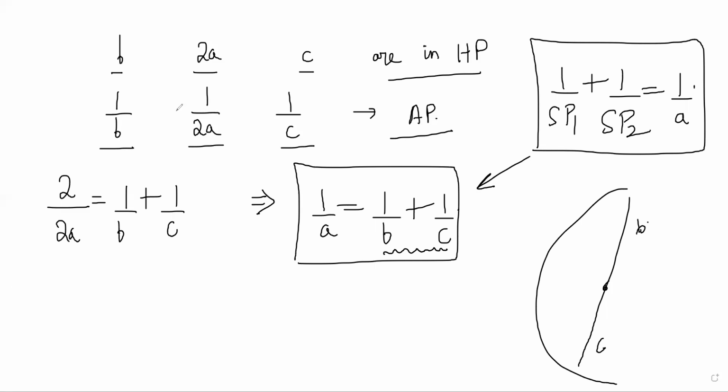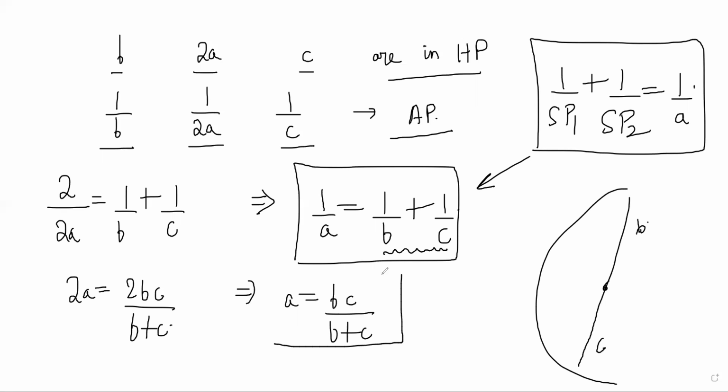So you'll be able to write 2A should be equal to 2BC by B plus C, or basically A is equal to BC by B plus C, right? So if you use that result, the question is solved in an instant. You don't need to do much then, correct? Otherwise, obviously, you can still solve it, but it is faster. So remember this result. This result is useful: that reciprocal of the focal chord segments adds up to 1 by A.